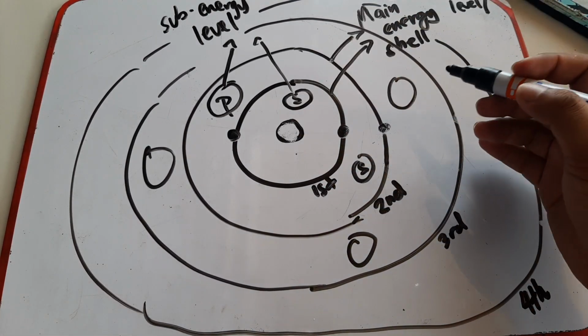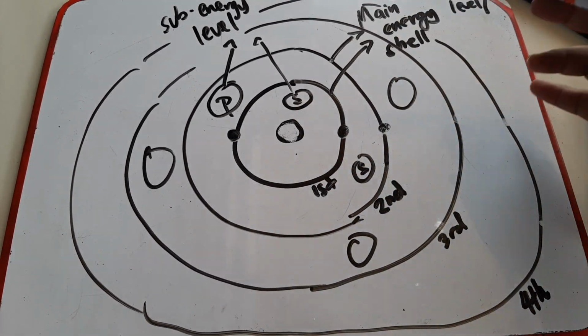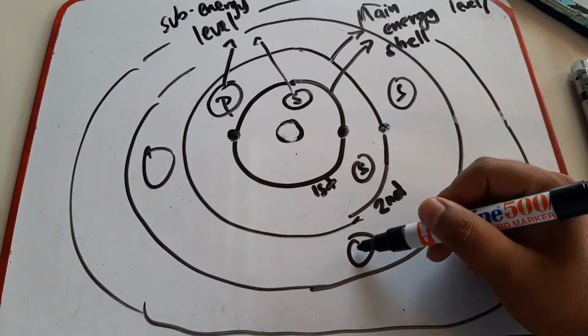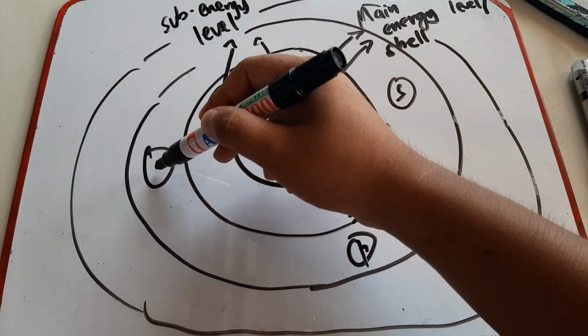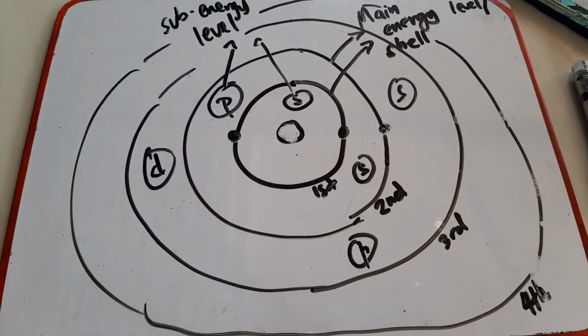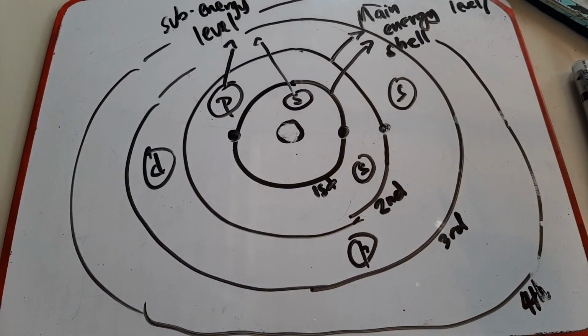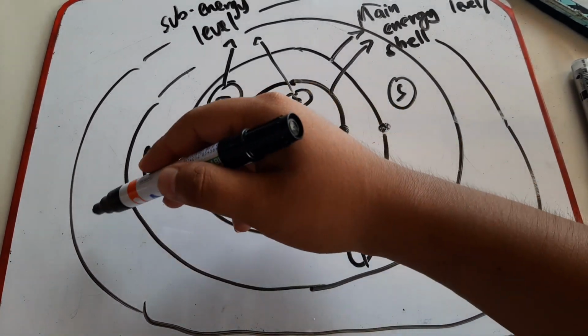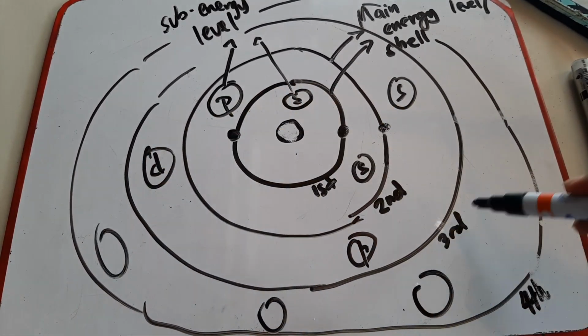And these are not the actual shapes. They have hybrids that we call hybrids. So S, we have P, and the third one would now be our D, the D sub-level. And eventually, for the fourth one, you have 1, 2, 3, 4.